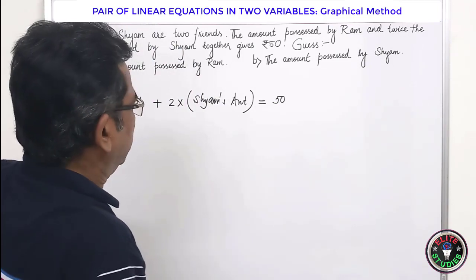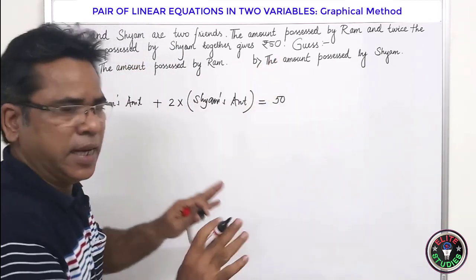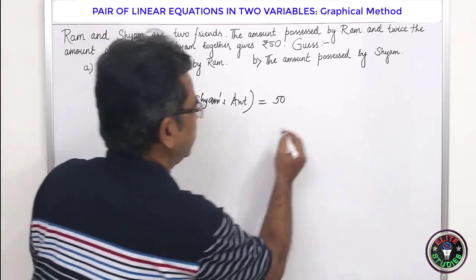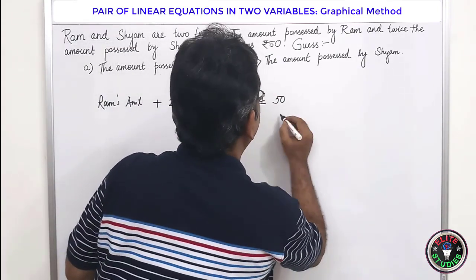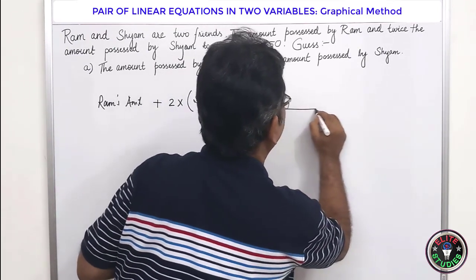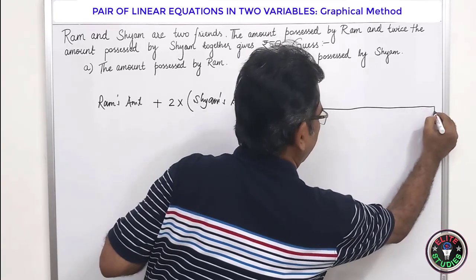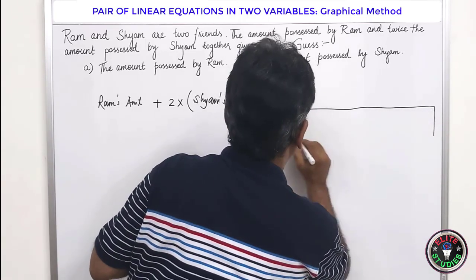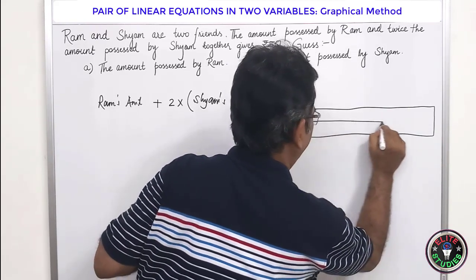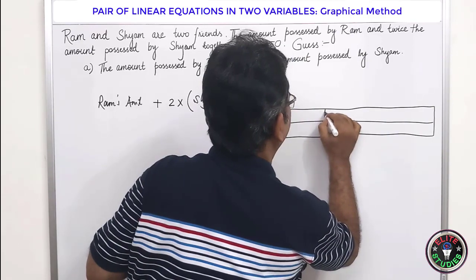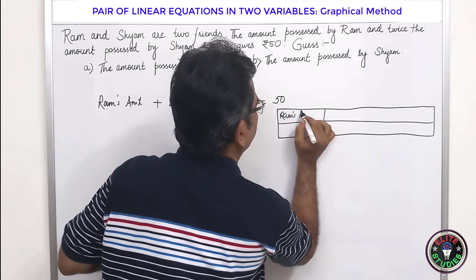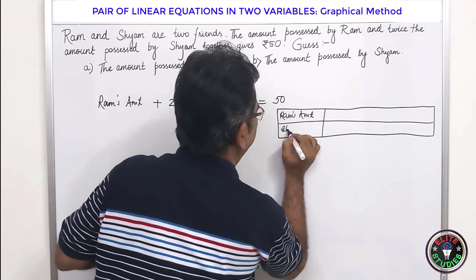Here, can we guess the exact amount possessed by Ram and the exact amount possessed by Shyam? No. Let us see how. Let us make a table: Ram's amount and Shyam's amount.